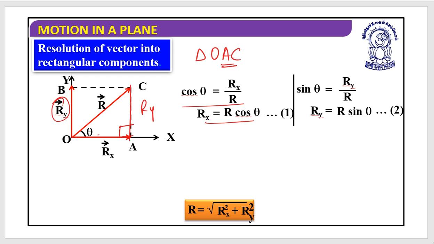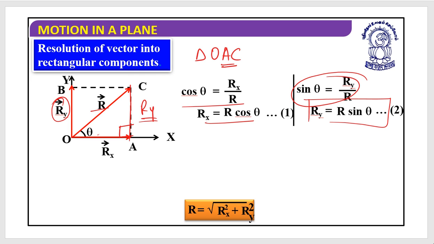In the same way, sine theta in this triangle equals Ry by R, the opposite side divided by the hypotenuse. So sine theta equals Ry by R, and Ry can be represented as R sine theta.